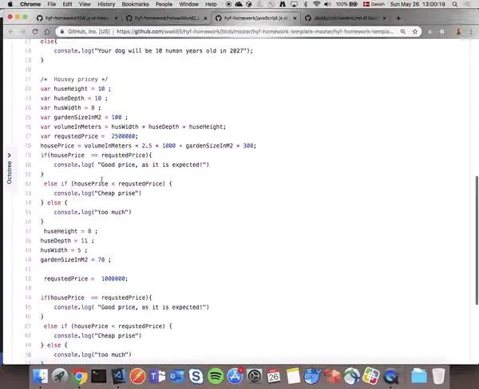Otherwise, in here, and this is completely valid, you define the house height up here, and then you used it to calculate probably Peter's price. Then in here, you used exactly the same variable, you just assigned a different number. This is completely valid, because JavaScript goes from top to down, so it doesn't care about this one anymore.